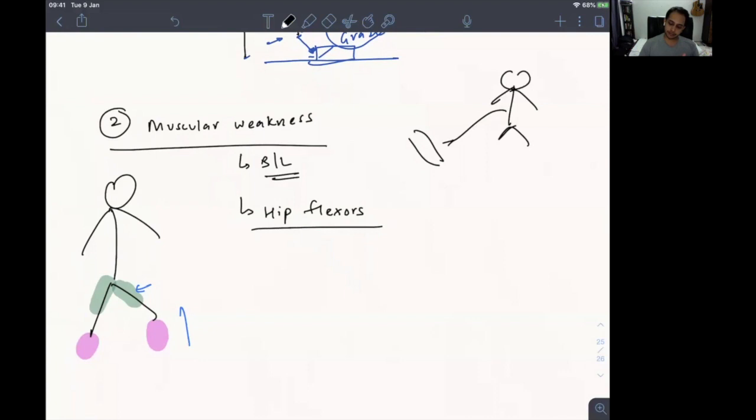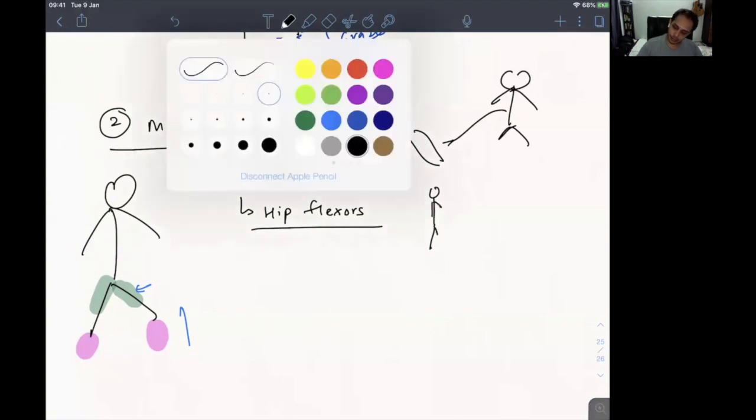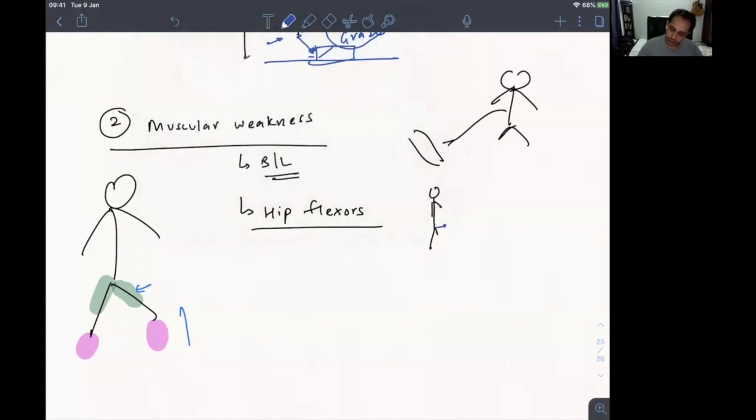And so if there is a hip flexor weakness, then your hip extensors will act more. So if you're looking at somebody from the side, then if there is no hip flexion, then there will be hip extension. So your hip will move backwards, and this is known as lumbar lordosis.